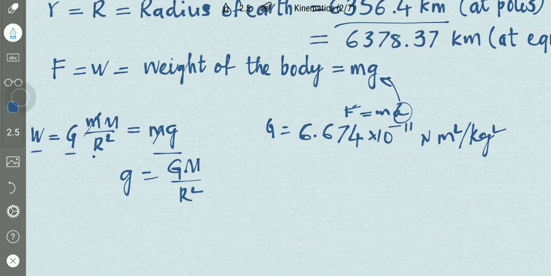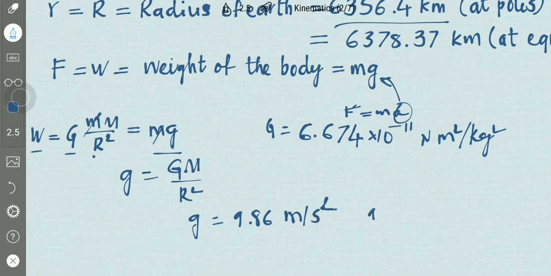If we substitute all the values in this, we get g value as 9.86 meter per second square.